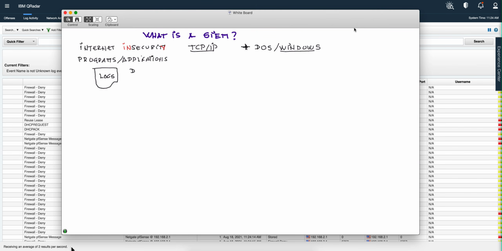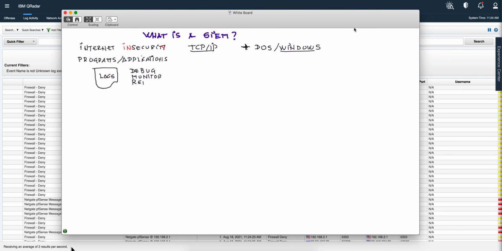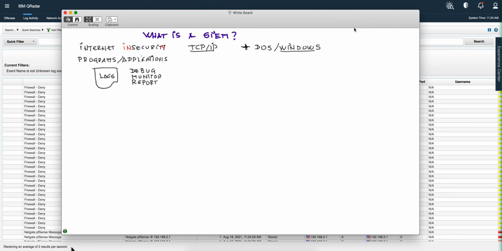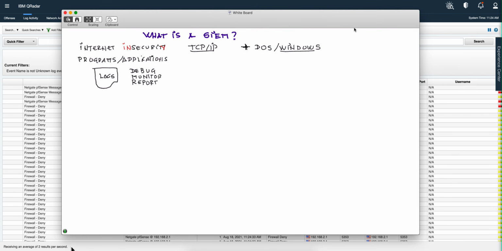It was mainly for debugging, sometimes for monitoring things in the application, sometimes to write reports to figure out things that actually happened.